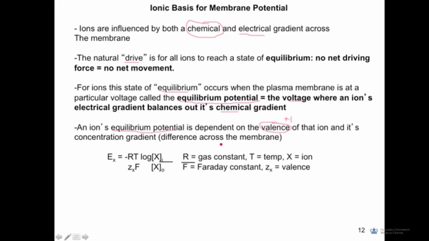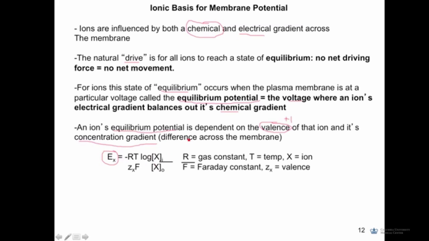And also, it's going to be dependent on the extent of the concentration gradient, or the difference in the ion concentration across the membrane. So calculating the equilibrium potential, which you will not have to do for me, which is expressed as E sub x, is determined by a form of what's called the Nernst equation.